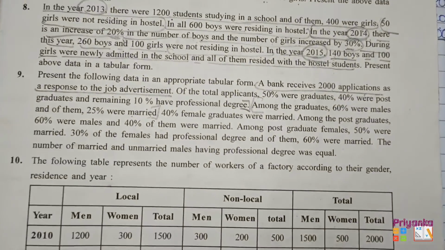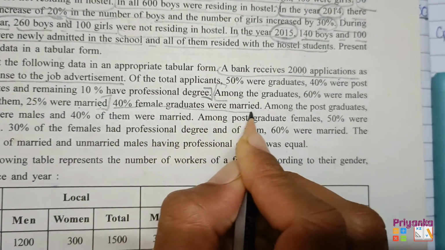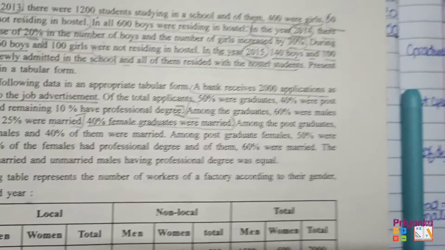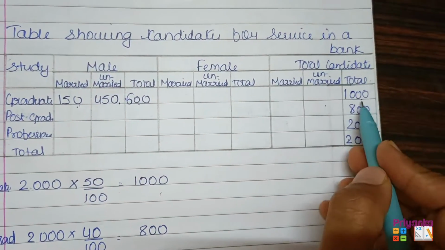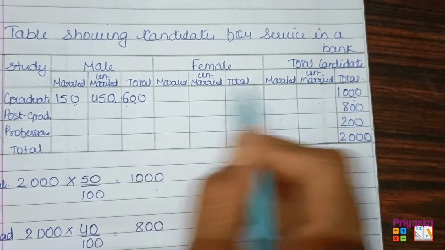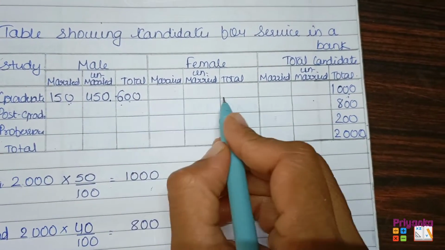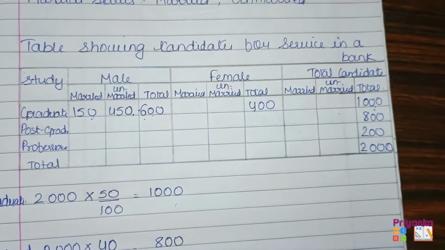Next, 40% of female graduates were married. So out of total candidates 1000, 600 were male, so 1000 minus 600, the number of females must be 400.